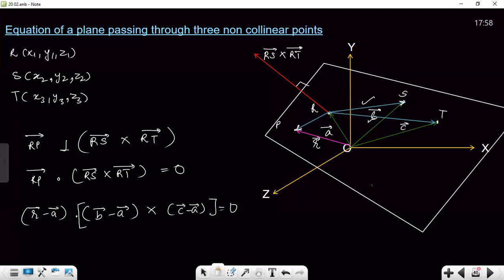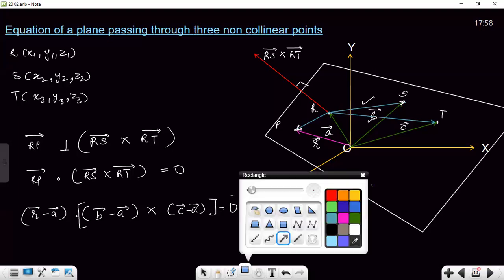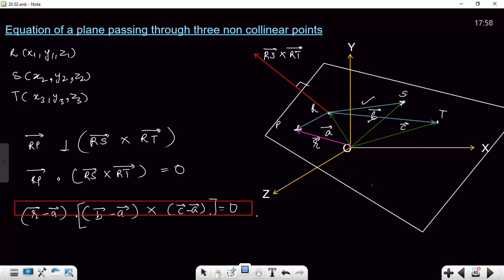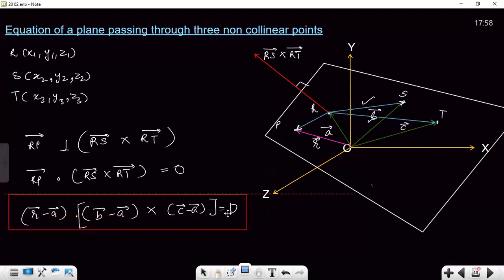And this is the equation of the plane. Not that hard to remember, but very easy to understand.